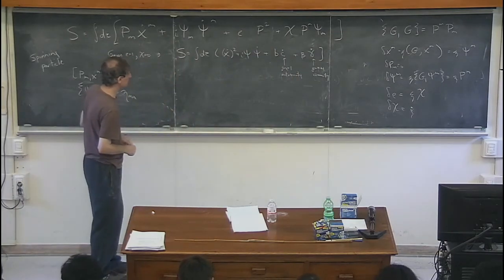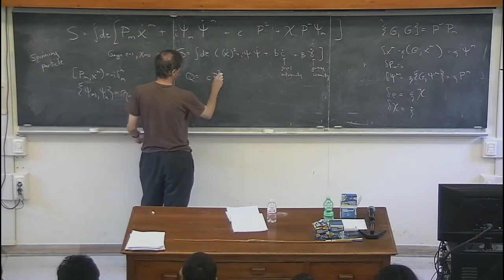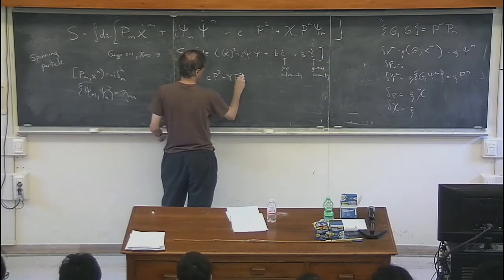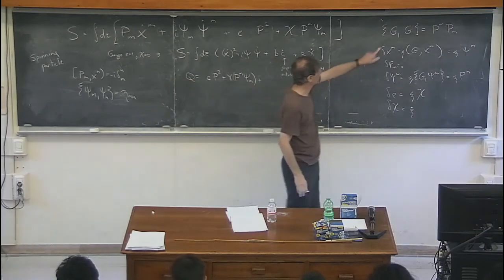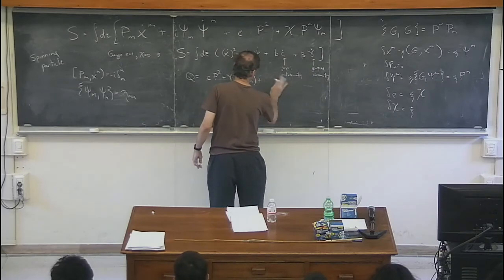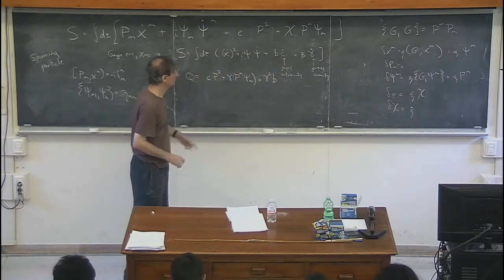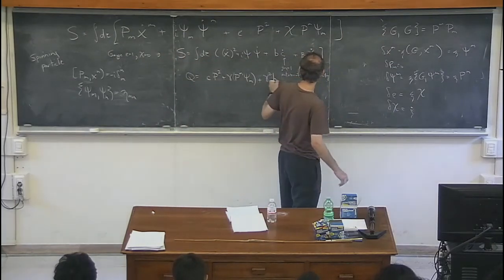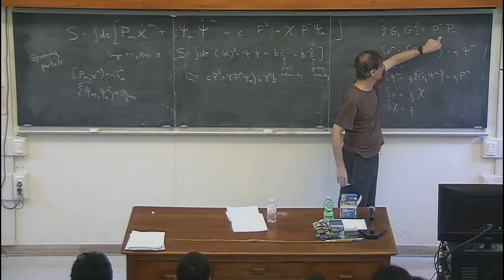And then the BRST operator is just going to be c times P squared plus gamma times the fermionic constraint. And then finally, because of this algebra here, you get a term gamma squared b. Remember, each G comes with a gamma. Each G is related to gamma, and this is the constraint to generate.